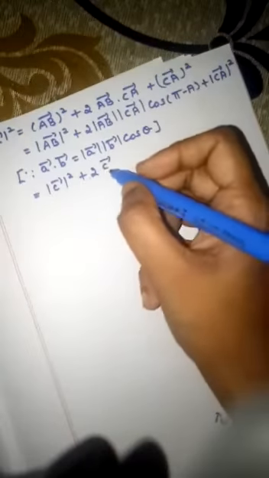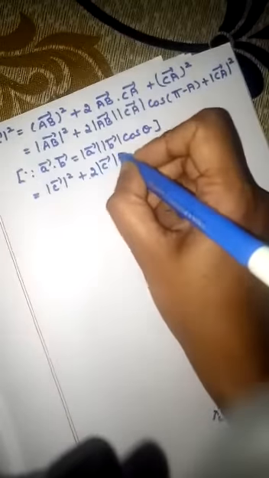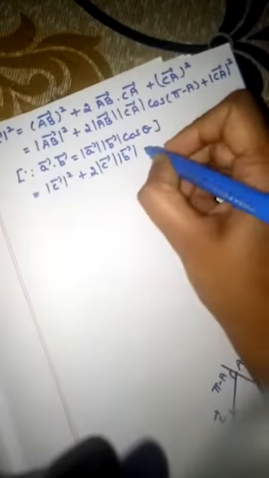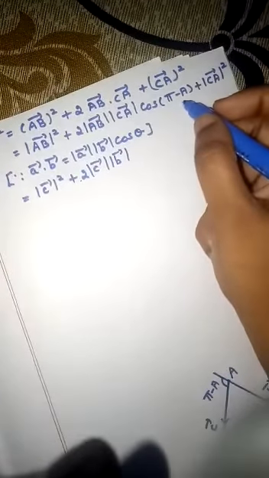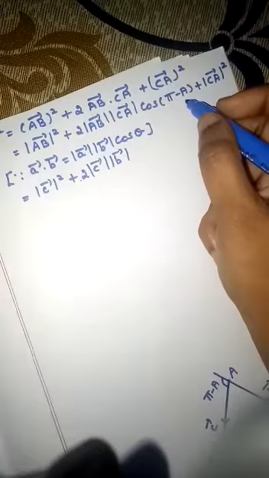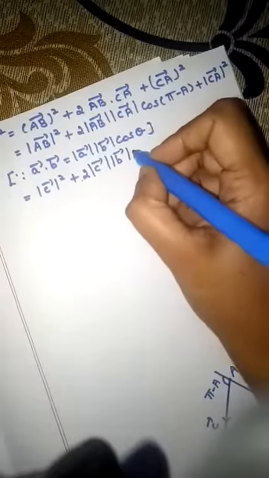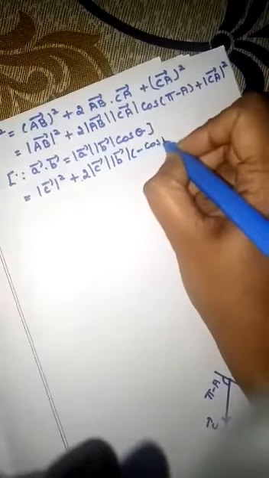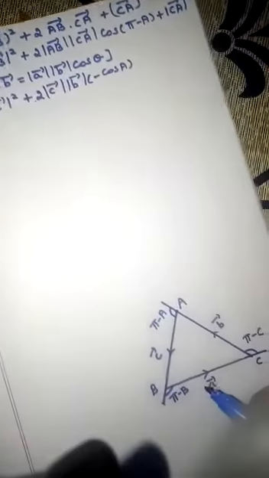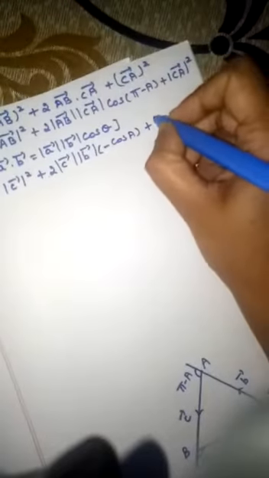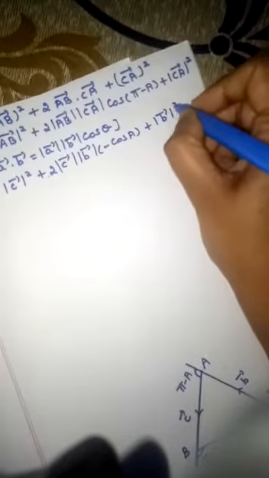So we have modulus of B vector into cos of pi minus A. Cos of pi minus theta means it will be in the second quadrant, where cos is negative. So here you will get minus cos A. Plus CA vector, which is B vector, so plus modulus of B vector the whole square.